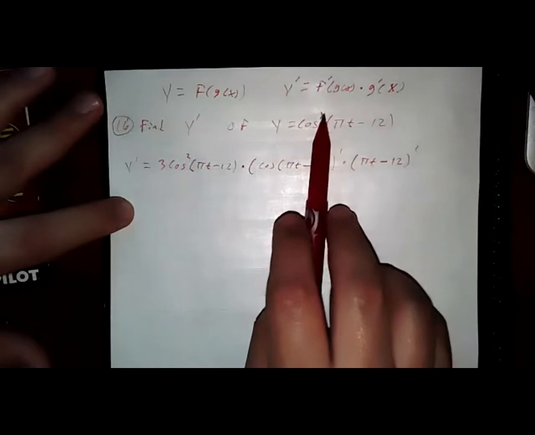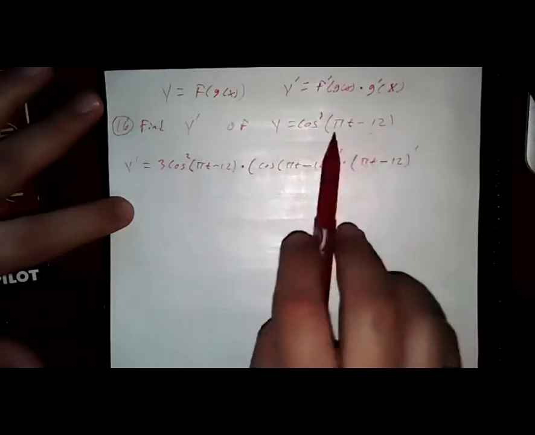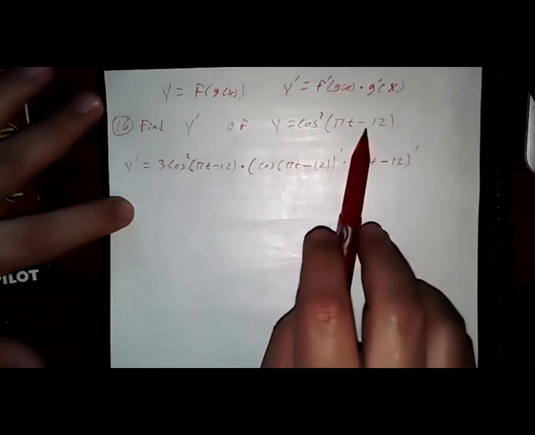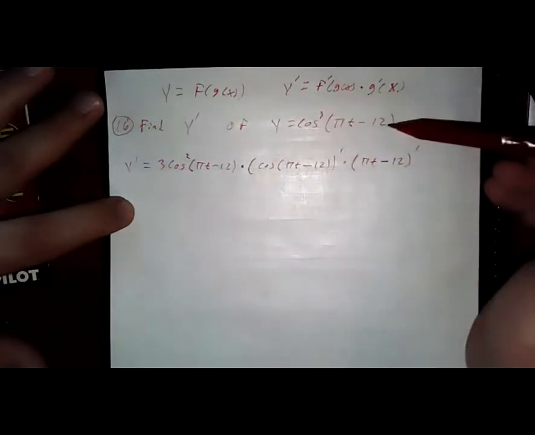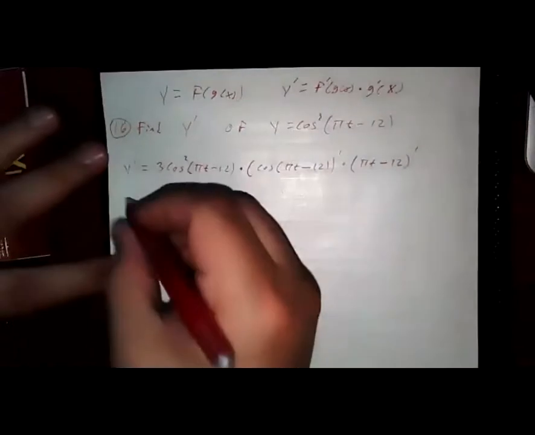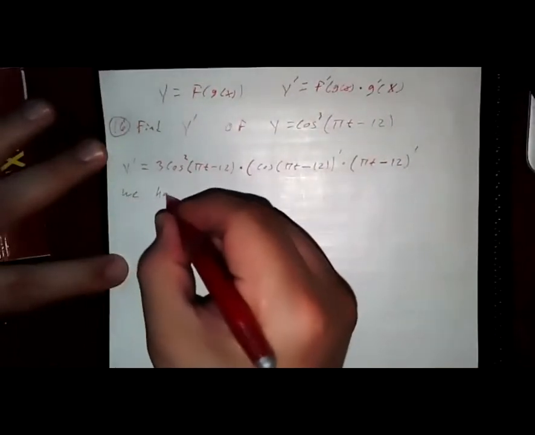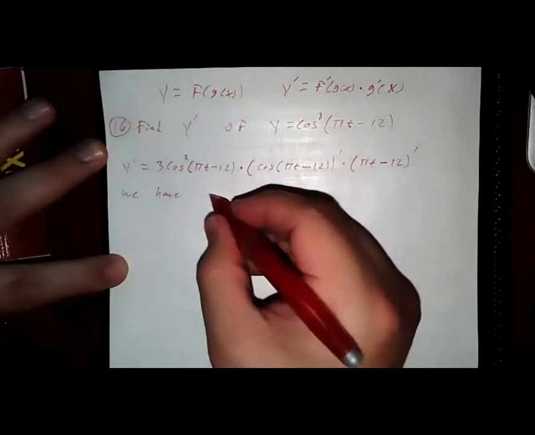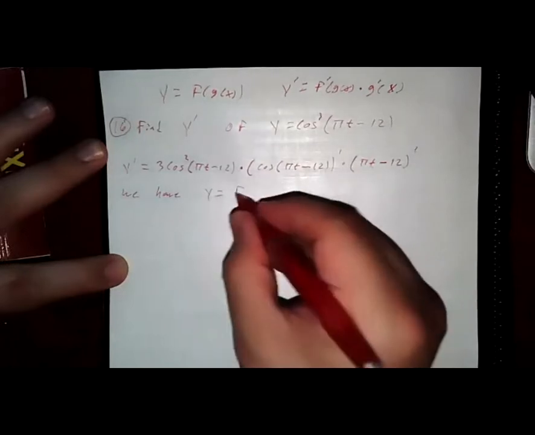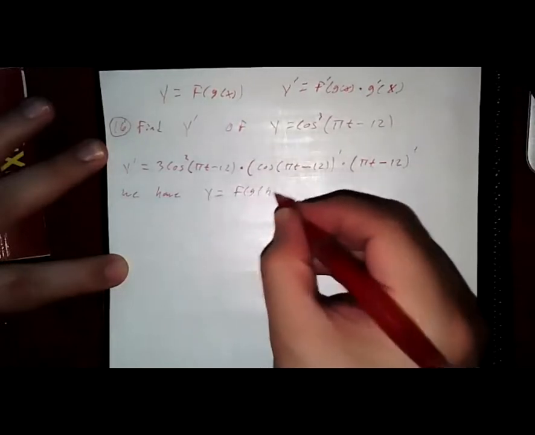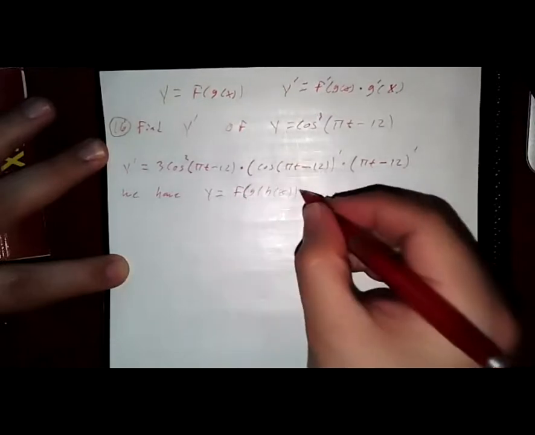So there's 1 function, 2 functions, 3 functions. Is that clear? Cubic cosine pi t minus 12. So in this scenario, we have y equal to f of g of h. You see what I mean?